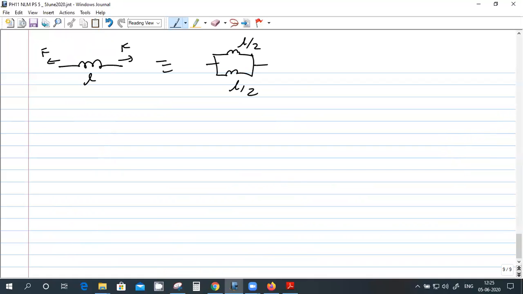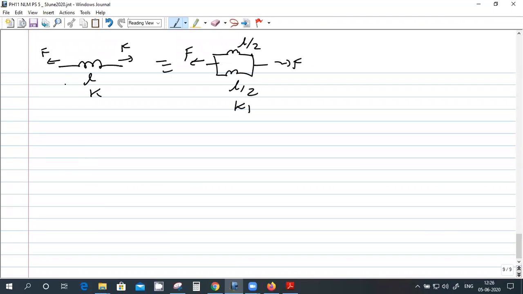The force is also the same. So now this parallel combination, is it a tighter spring or a loose spring? Suppose here the spring constant is K and here it is K1.